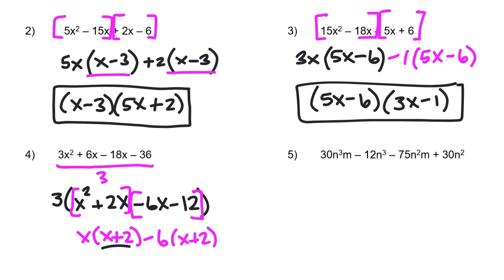Okay, so now our x plus 2 is a common factor. And if we factor that out, we would have an x minus 6. Don't forget about your GCF from the beginning, so we'll just write the 3 out front.